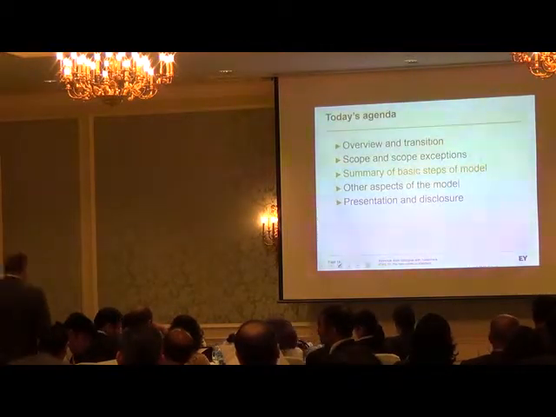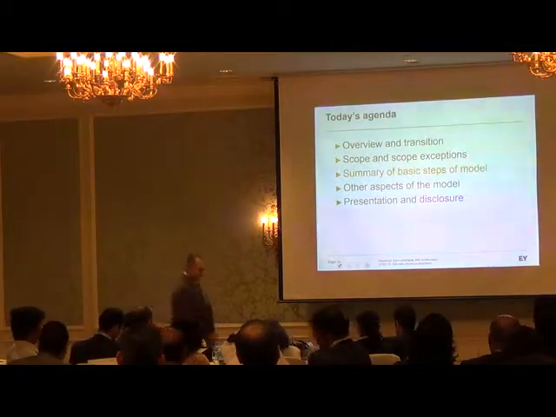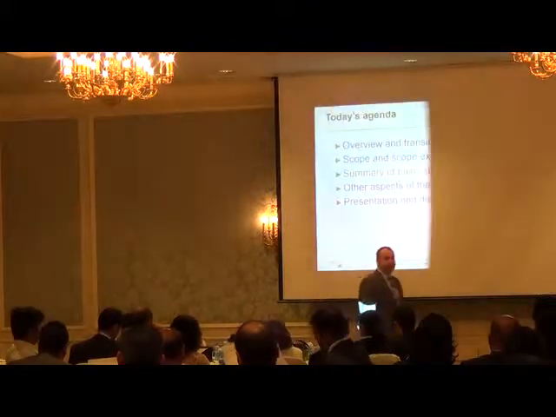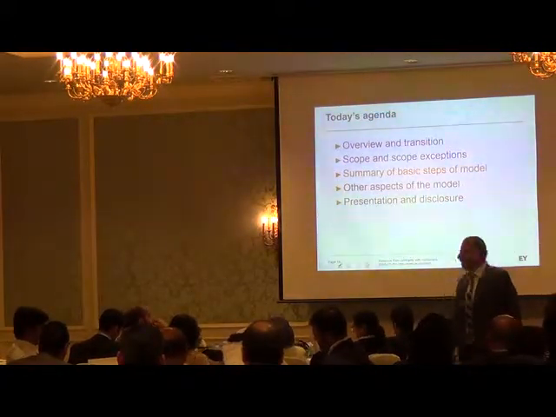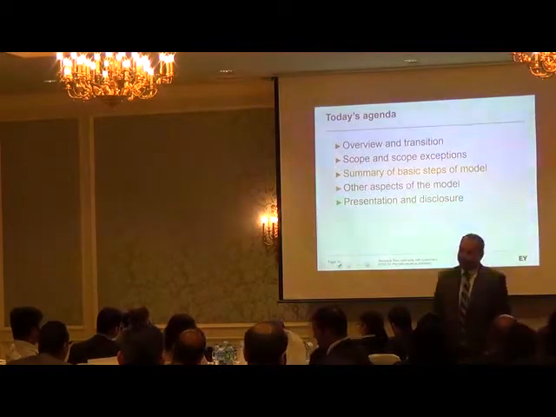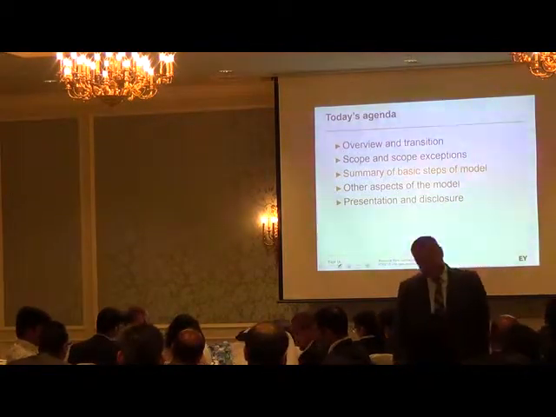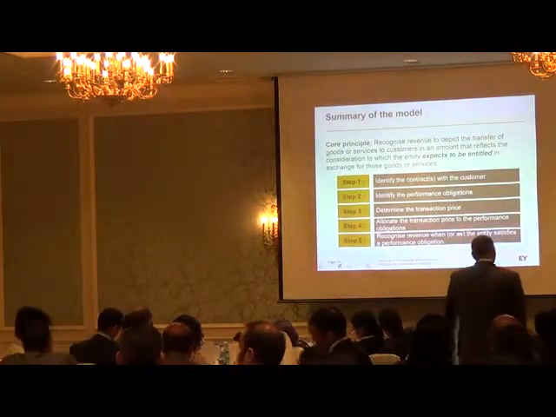Now, after this, we go to the summary of the basic steps of the model. We already did half of it, right? Now, we already did the 5%. This is 90%. The third step is 90%. Okay? Look over here.